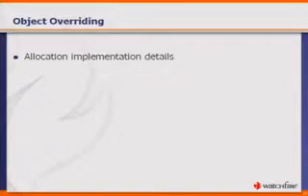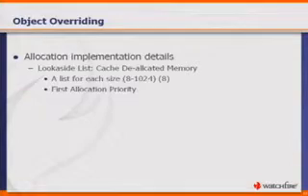So each application has an allocation cache. It saves the deallocated buffers somewhere in the memory, and then when it tries to allocate buffers of the same size, it just takes them from there. This feature is called a look-aside list. Each application has a different look-aside list for each size between 8 and 1024 in jumps of 8.